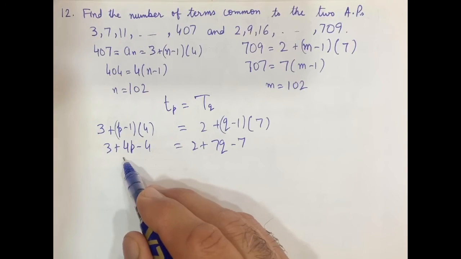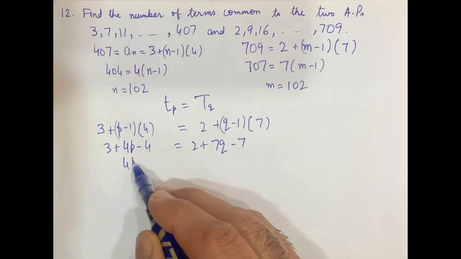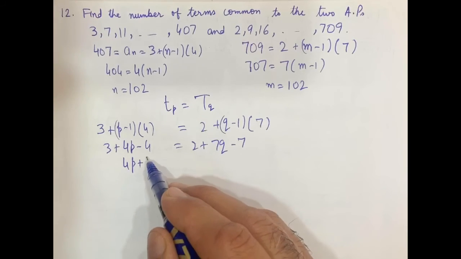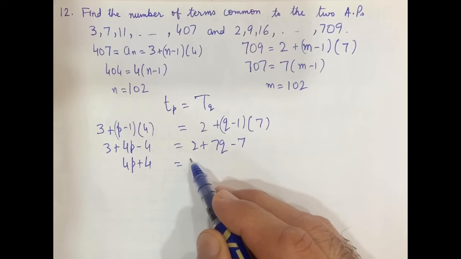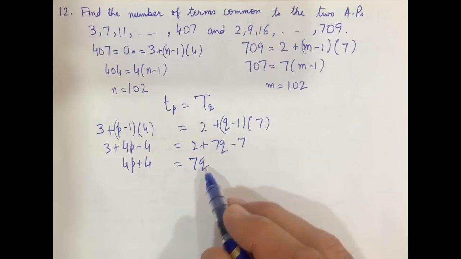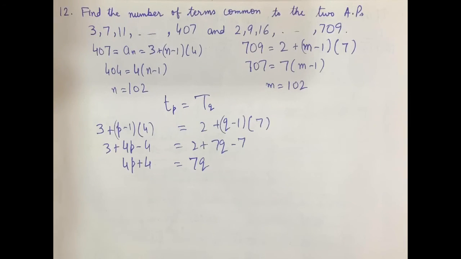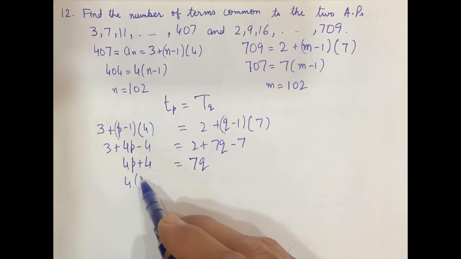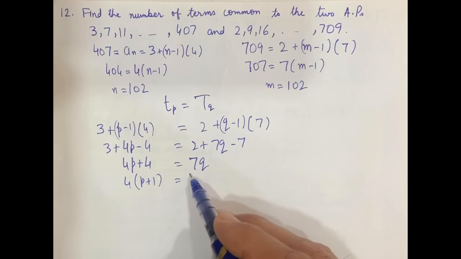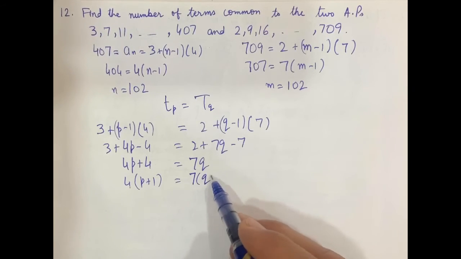This is 4p plus 4 is equal to 7q, or 4 into p plus 1 is equal to 7 into q.